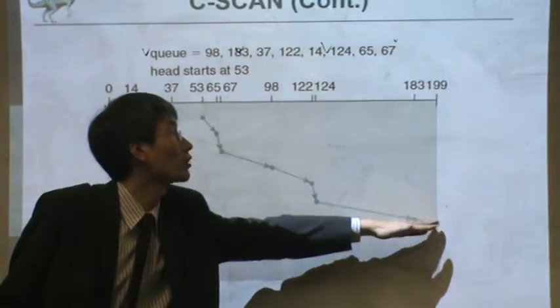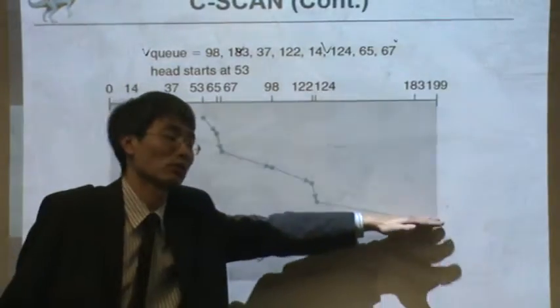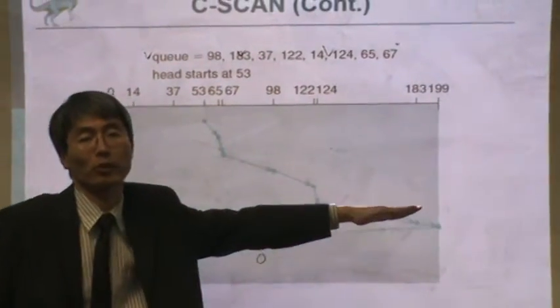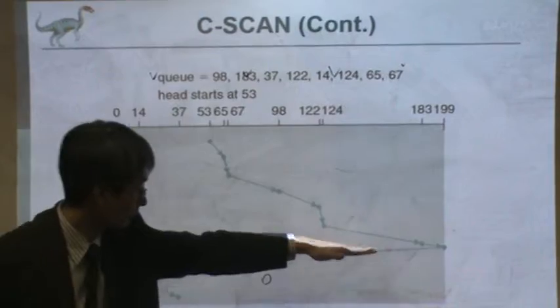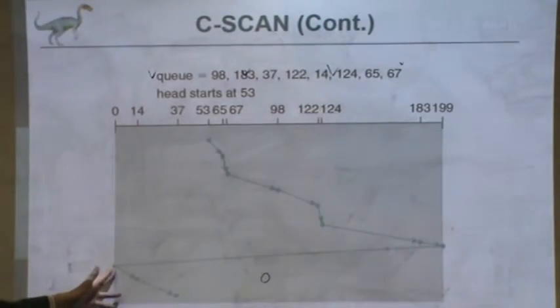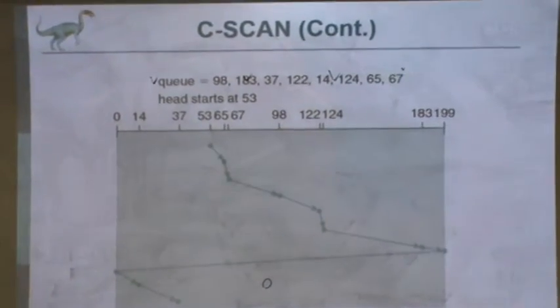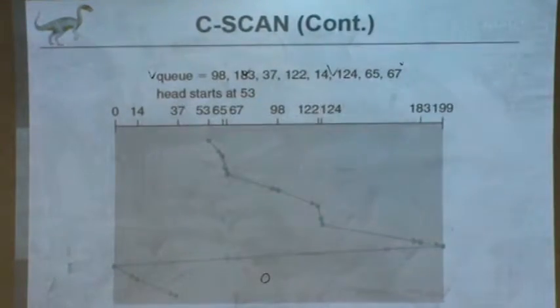Then once it touches the end, 199, we do not have a request at 199, but it always touches 199 because we don't have to worry about which is the last one. Then going back to the starting position, then reading the data and going back to the starting position. That is the C-SCAN. So one way.